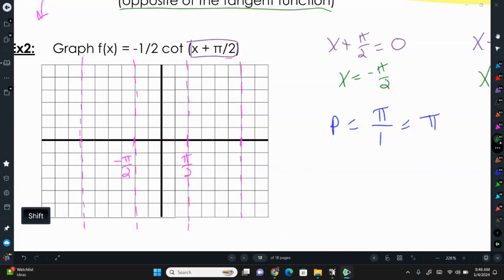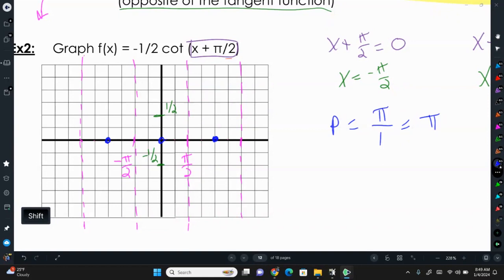Right? Then I'm going to put 1/2 right here and negative 1/2 there. So halfway between these asymptotes, I'm going to use a different color. Halfway between these asymptotes, I'm going to be at the midline. Our midline is still y equals 0 because we didn't shift up or down at all.